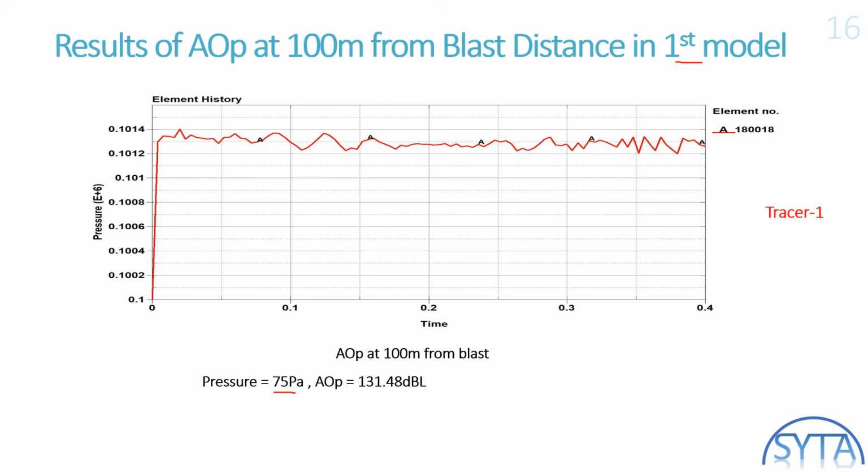From this total measured pressure, we can subtract the atmospheric pressure, which is 1 lakh Pascal, and the difference of the measured pressure to the atmospheric pressure is 75 Pascal, which is shown below the figure. This 75 Pascal is put into the formula, so we have got the air pressure as 131.48 decibel at 100 meters from the blast in tracer point 1, model 1.